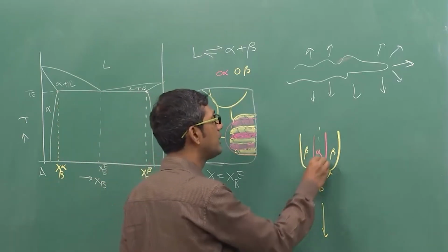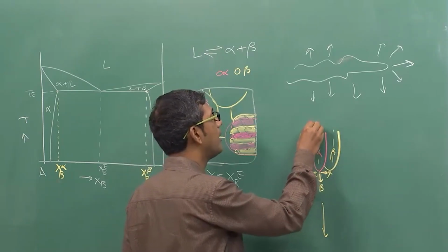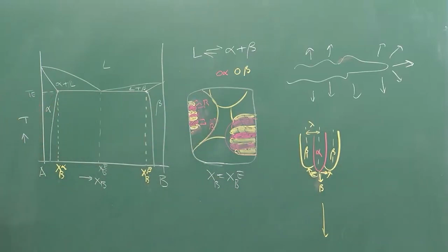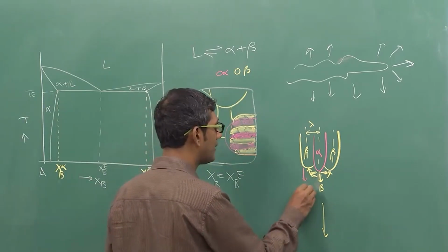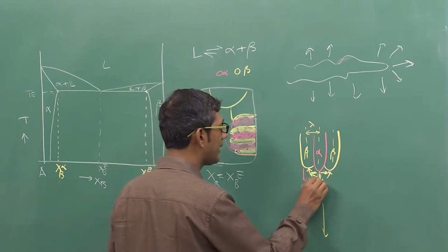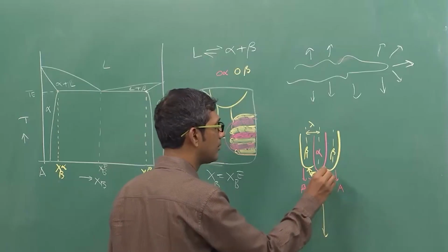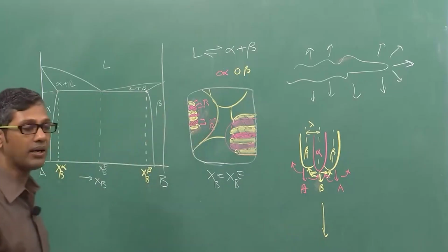In fact, in eutectic growth we always define an interlamellar spacing called lambda. So the diffusional distance is related to lambda. It is actually either equal to lambda or a fraction of lambda. Similarly, as the beta grows, it rejects A. This A can again be transported to the nearby alpha.